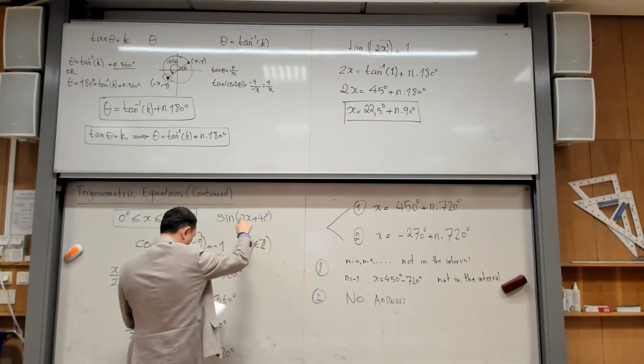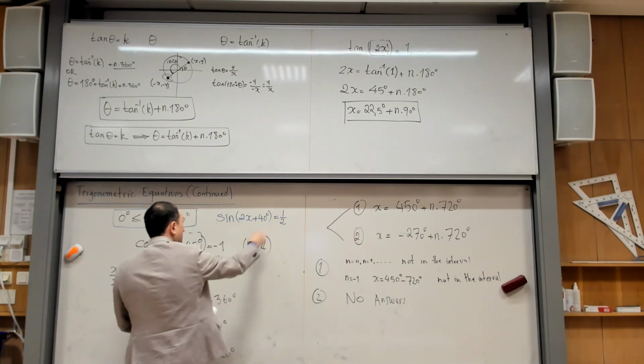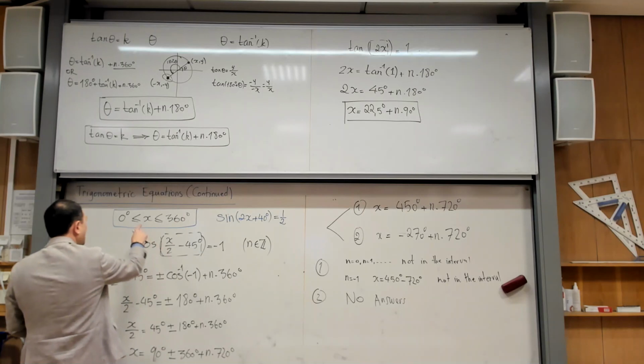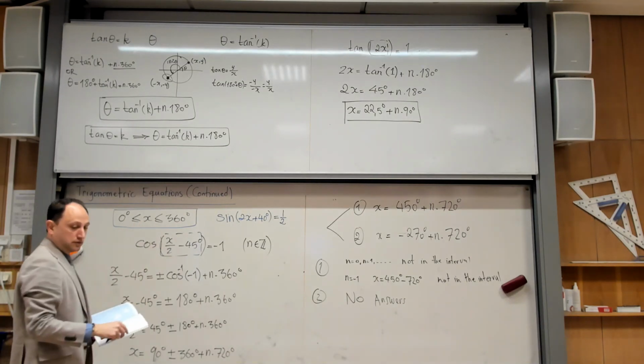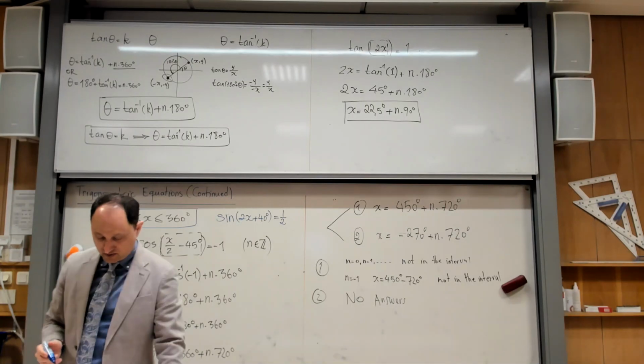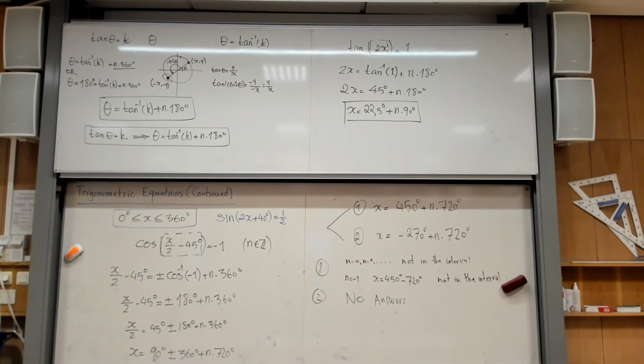Okay, but anyway, this is equal to 1/2. I want you to solve this equation, but I'm only interested in the solutions on this interval. So I hope that you could solve the problem, yes?